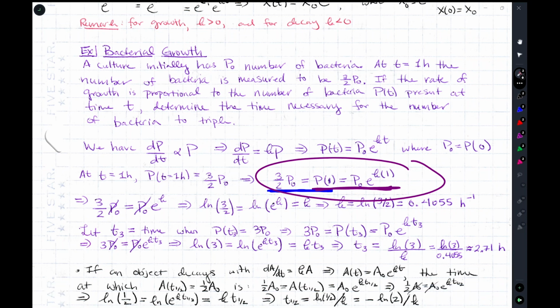So notice something important here about exponential growth. After 1 hour, the population grows by 0.5 P naught. And so naively, you may think that in order to add another 1.5 P naught to the population, you would need 3 more hours, right? But it turns out that we're undergoing exponential growth.